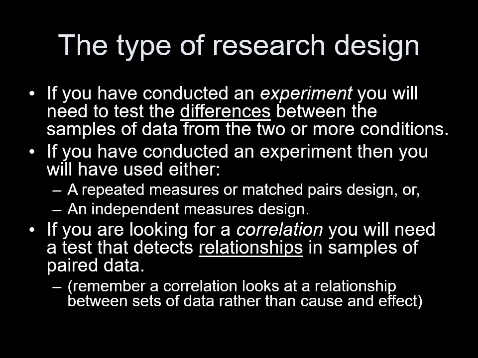Tests of correlation are where you are looking to see whether one thing happens when the other thing happens. So your first thing to do is to think about whether you are looking at a correlation or a test of difference, and then within that you can decide.